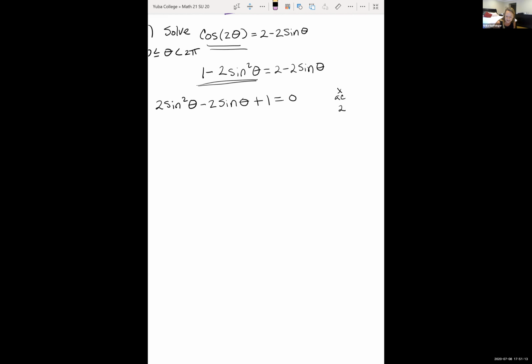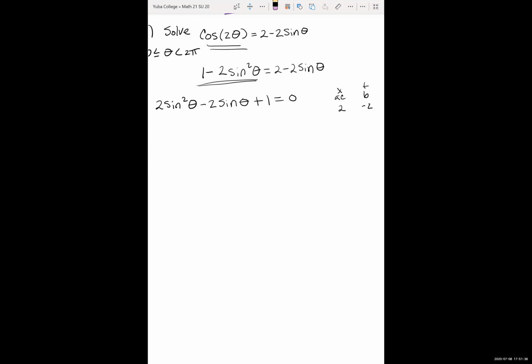What multiplies to give me that 2 and adds to give me that middle term coefficient b, which is negative 2? Yuck. Did I do that right? Let me just look.